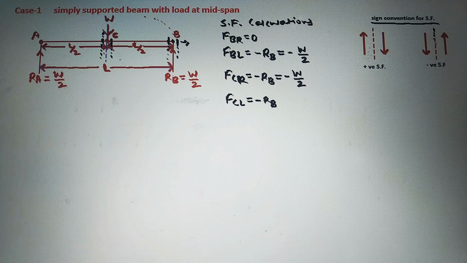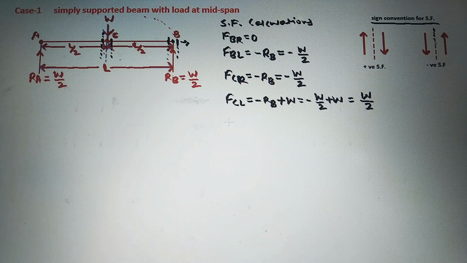So right side of a section, the load is acting in downward direction, so it will be taken as positive. So RB will be negative but W will be positive according to sign conventions for shear force. So what is RB? W by 2. So here it is minus of W by 2 plus of W. Then the answer of minus of W by 2 plus W will be equal to W by 2.